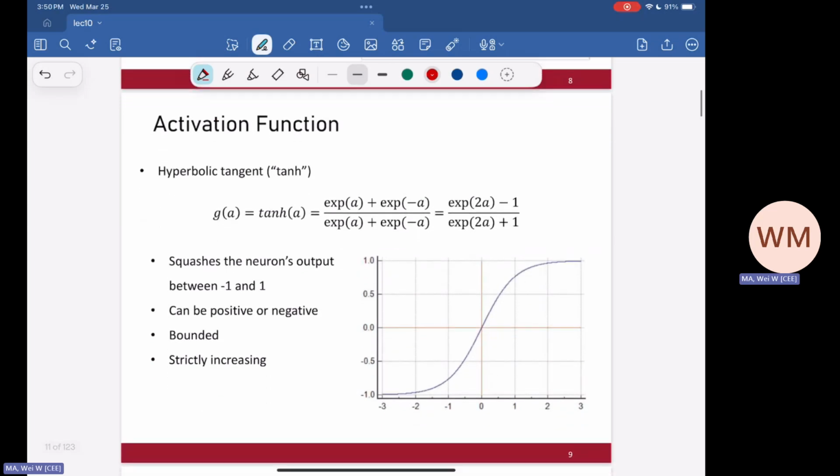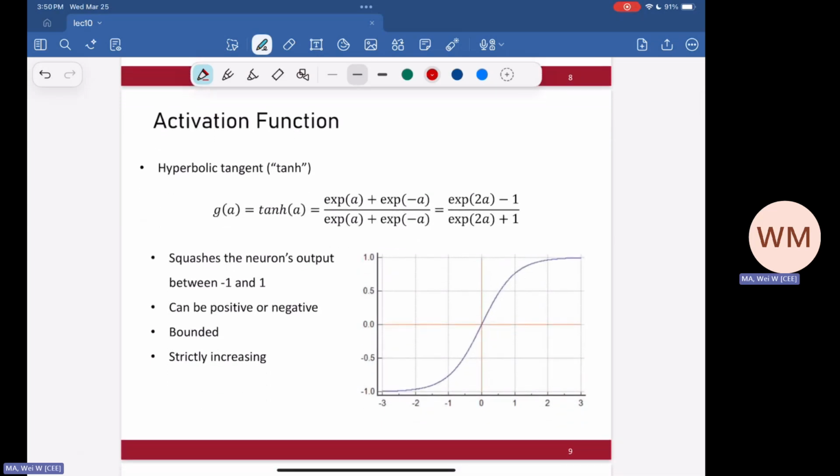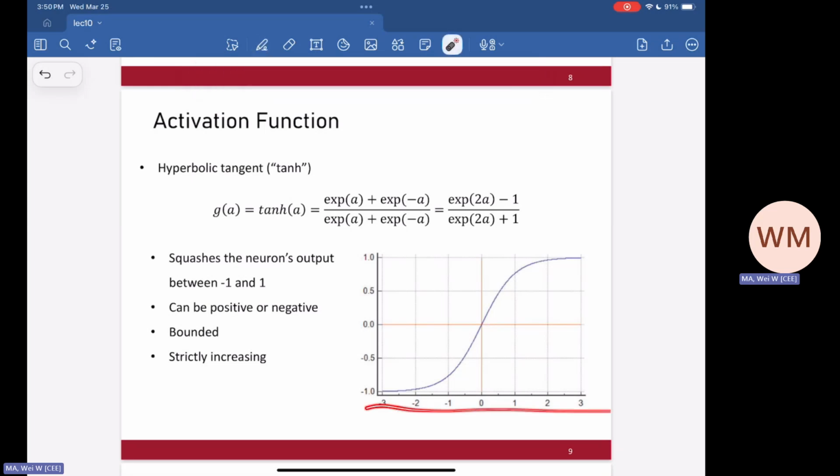Another one is called tanh, short for tanh, but the full name is hyperbolic tangent. The equation is very tricky, but it's okay, you don't need to memorize it. Eventually you can see that no matter what your input is, it will squash the output to between -1 and +1.